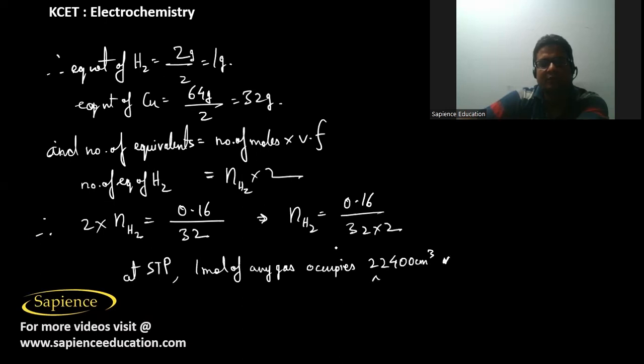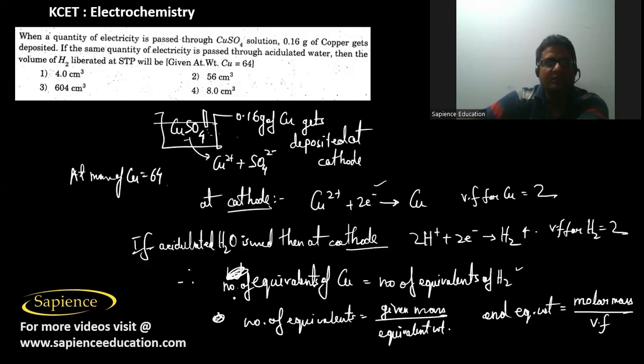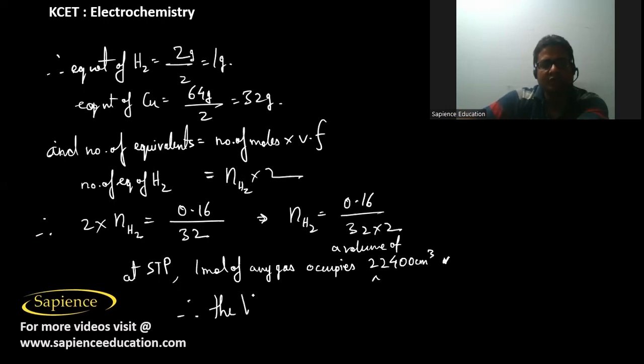Yes, it occupies a volume of 22,400 centimeter cube. So, therefore, the volume of hydrogen that is formed at STP will be equal to the number of moles of hydrogen times 22,400 centimeter cube.